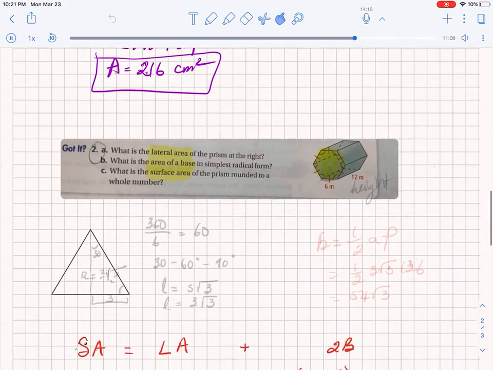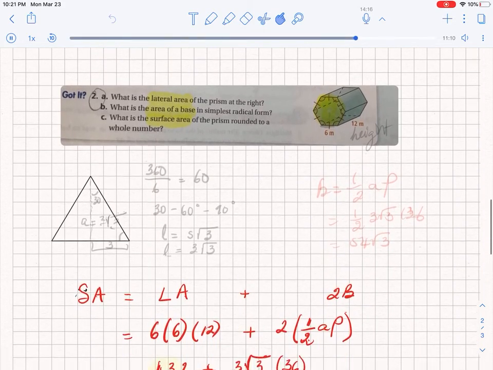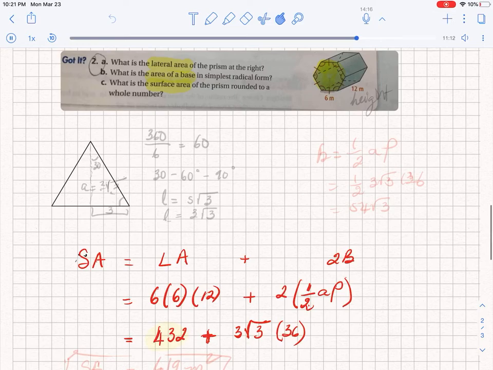Okay, this problem is a 6-sided shape, so we call it a hexagonal prism. In this case, the hexagon is the base. Remember, as I said before, if it's a hexagon, I just need to use the triangles.